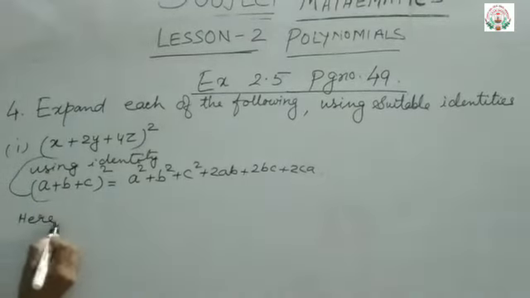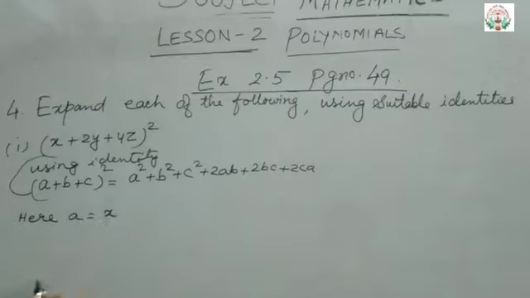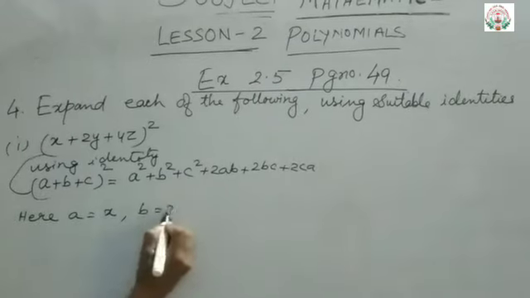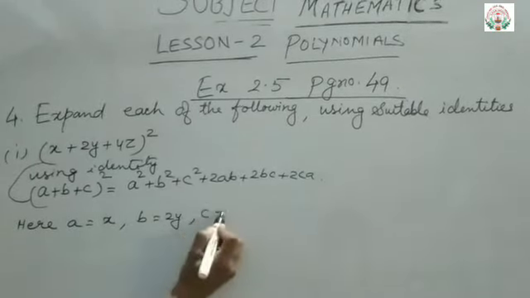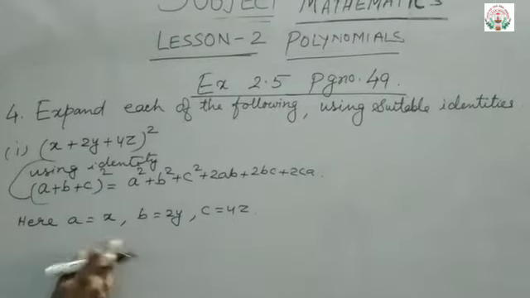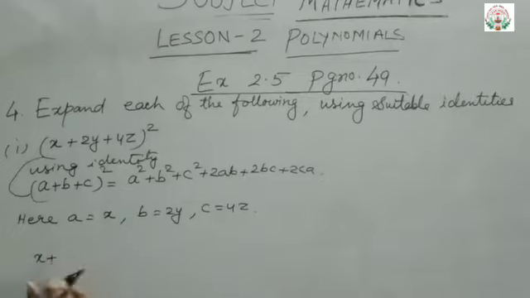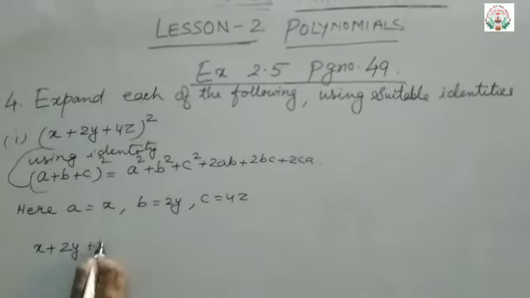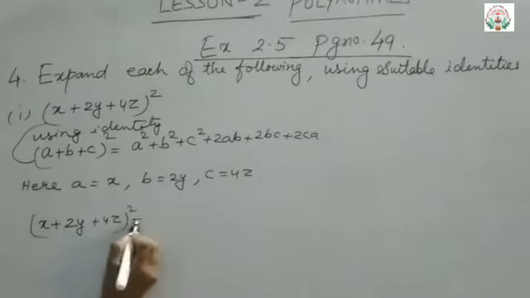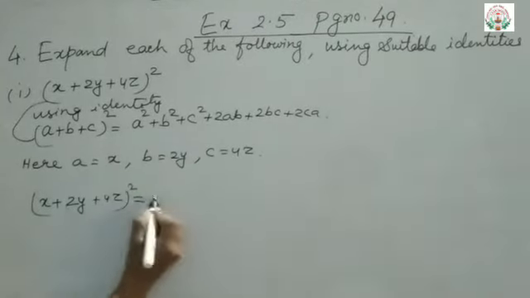Here, A equals to what? X, B is equals to what? 2y, and C equals to what? 4z. Then put in the same place, that is x plus 2y plus 4z whole square equals to, now a square means what?